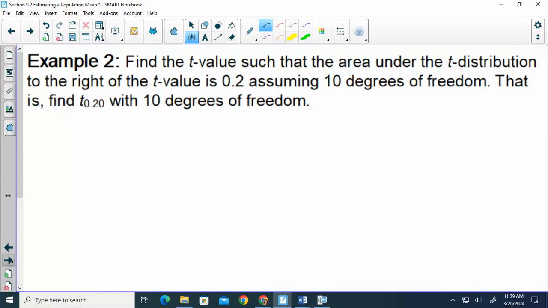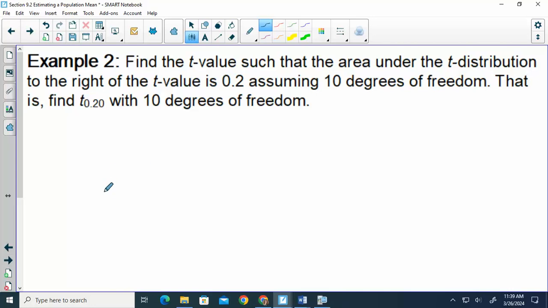So let's practice trying to use this table. If I want to find the T value such that the area under the T distribution to the right of the T is 0.2, assuming 10 degrees of freedom.